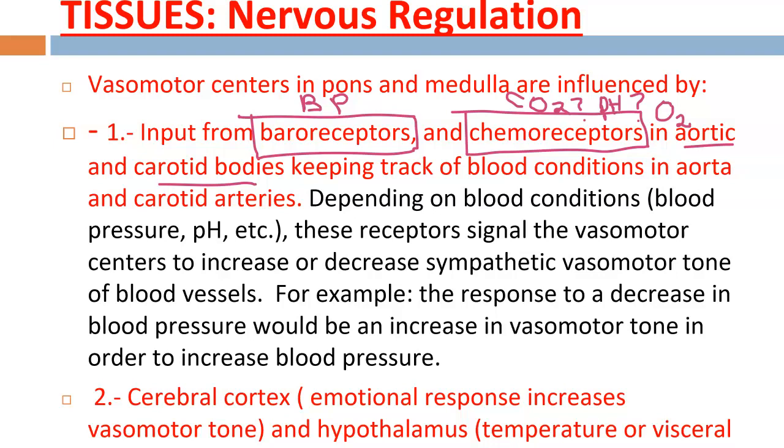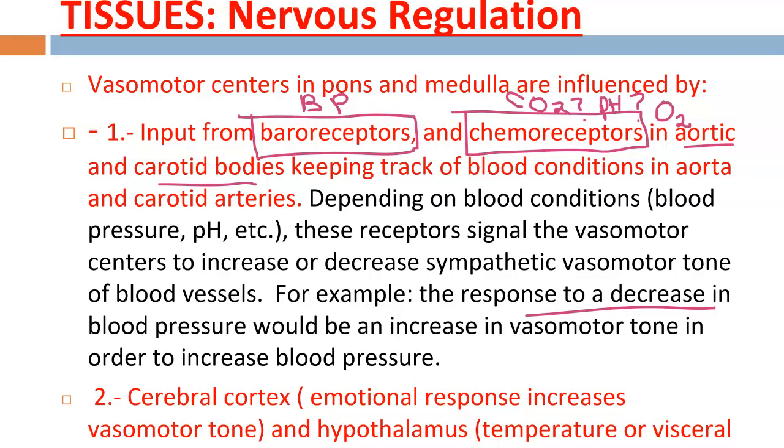So for example, if blood pressure decreases and the baroreceptors detect a decrease in blood pressure and transmit the information to the medulla, the medulla will respond by increasing sympathetic stimulation. And that will increase vasoconstriction of peripheral blood vessels, moving blood from the non-important organs towards the important ones, the heart, lungs, brain, skeletal muscle.